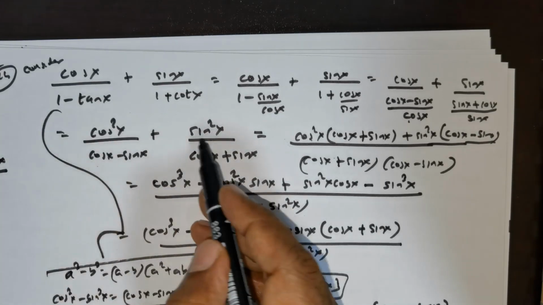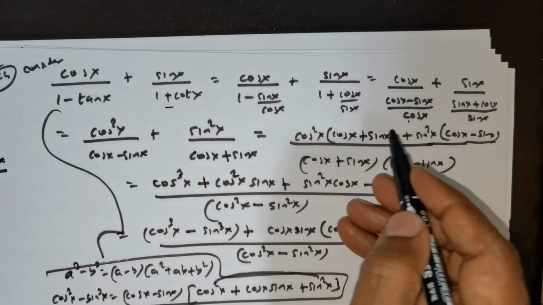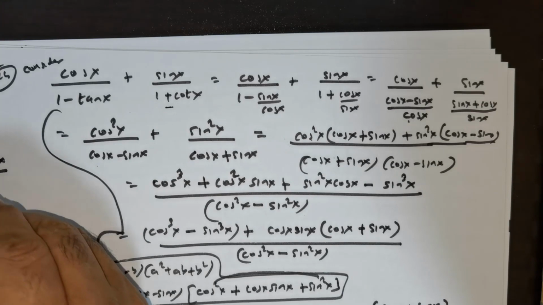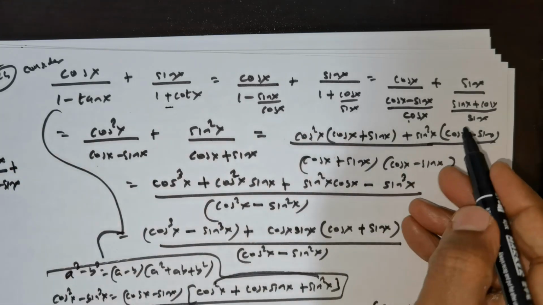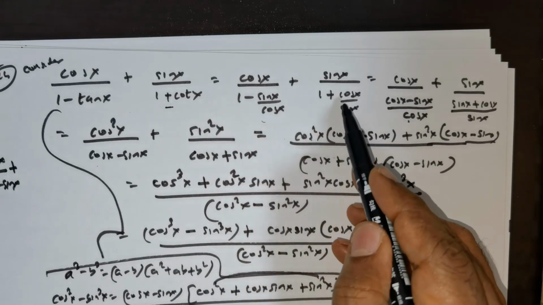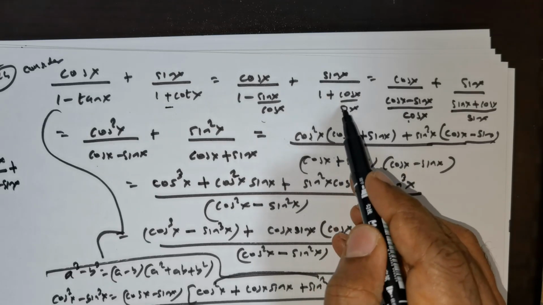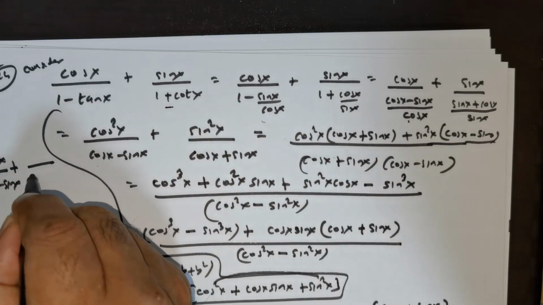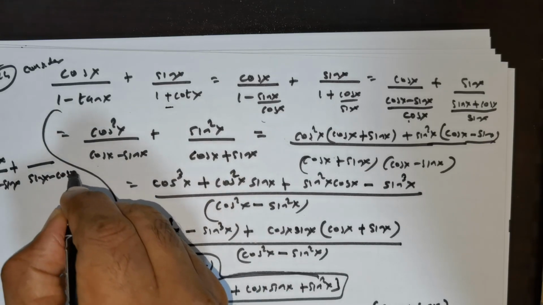Cos squared x divided by, so instead of plus, if there is a minus, then this would be cos squared x over cos x minus sin x positive, and this is cos x over sin x. So this is going to be sin x minus cos x, right?